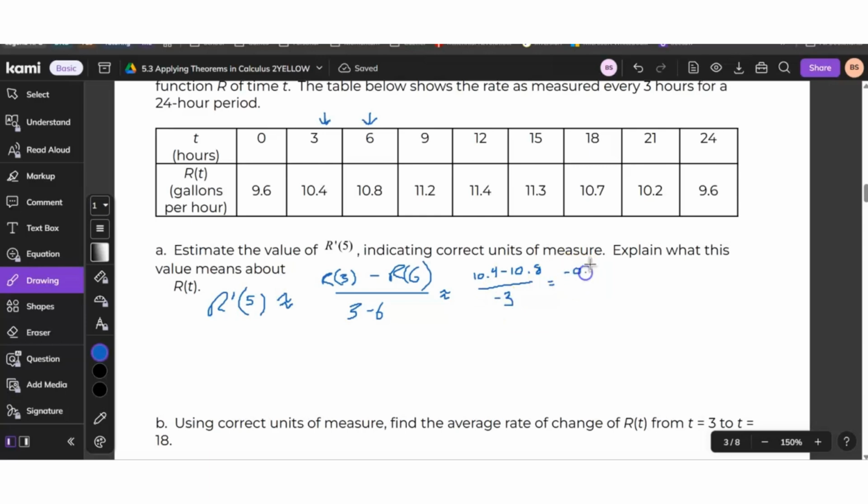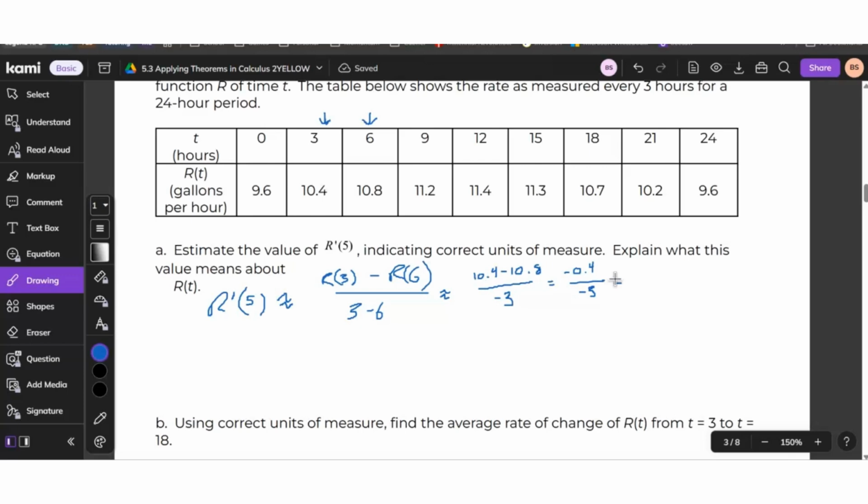So I'm going to get negative 0.4 over negative 3. I need my calculator. It's going to be positive. It's Y2 minus Y1.